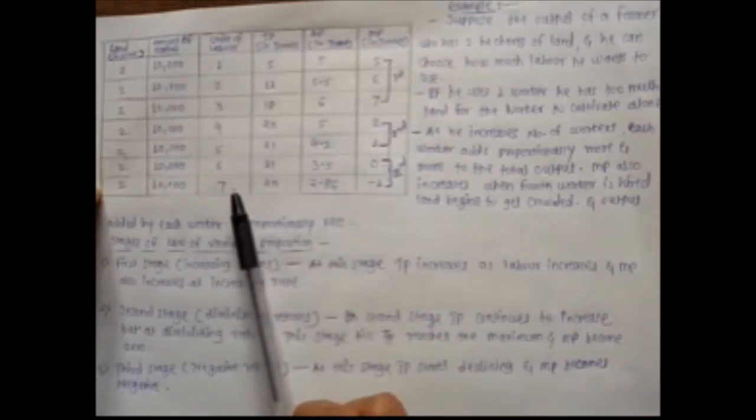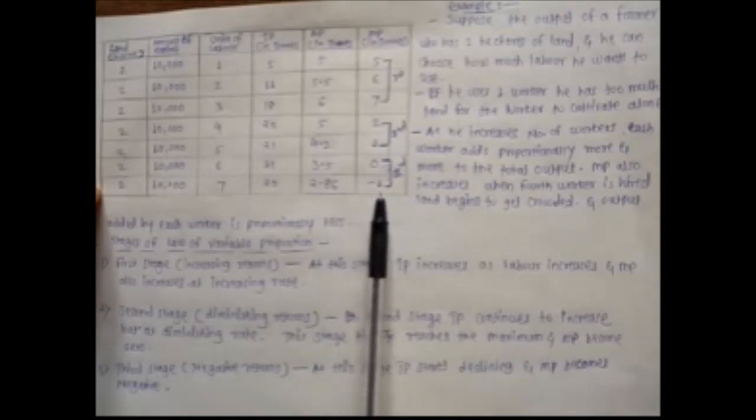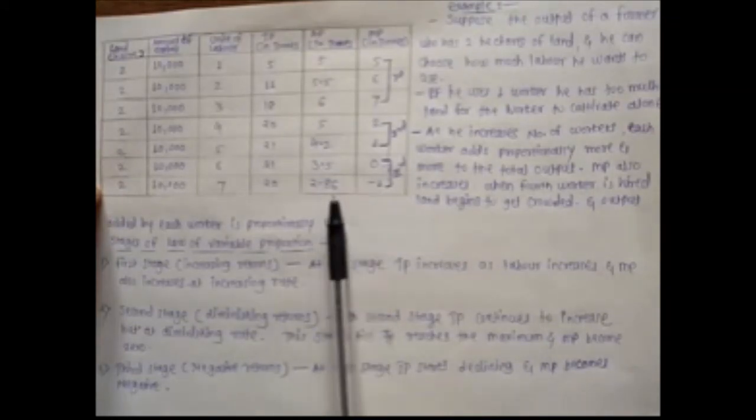When we employ the seventh unit of labor, the total product decreases, it becomes 20 tons. In this stage the marginal product becomes negative, it is -1, and the average product also decreases. This is the negative returns stage. Why?